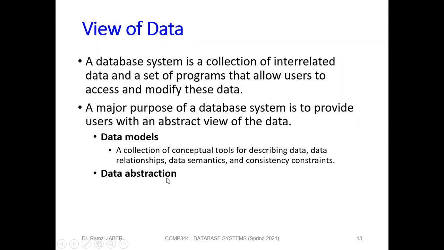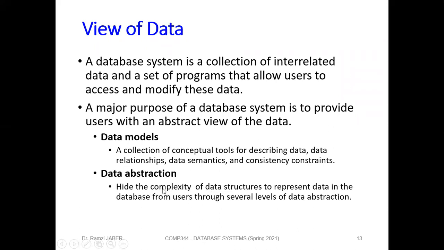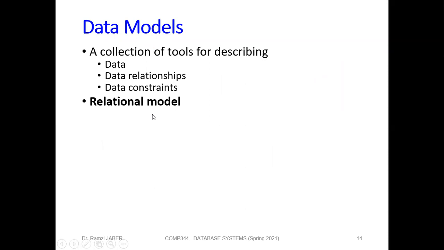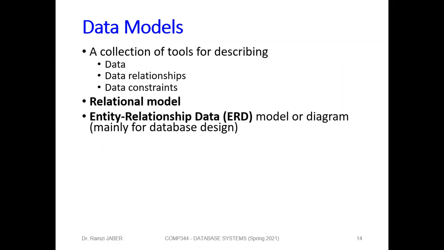Also, we have the view of data as abstraction, data abstraction: hiding the complexity of data structures used to represent data in the database from users through several levels of abstraction. Example, data models, a collection of tools for describing data, data relationships, and data constraints. Examples: the relational model and the ERD model, which we will focus on.